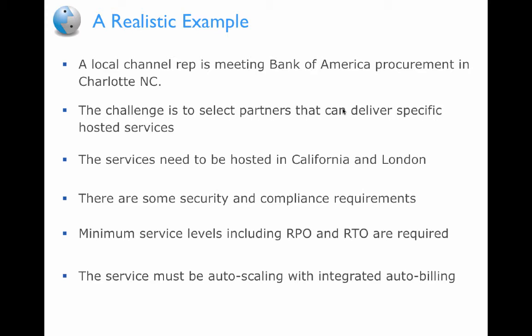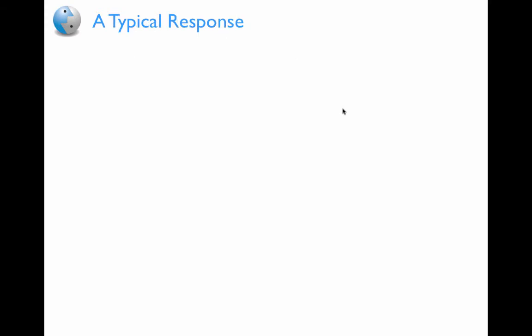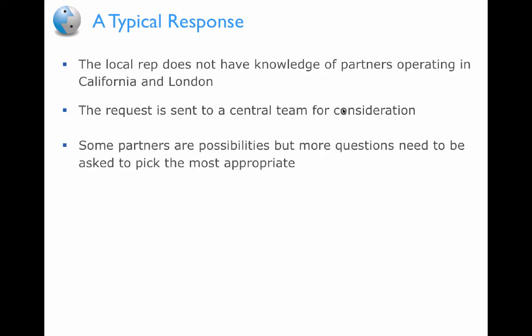So, let's think about how these requirements would be addressed. The typical response would be that the local rep in Charlotte obviously doesn't know of partners that are offering in California and London. They send the request to a central team for consideration.